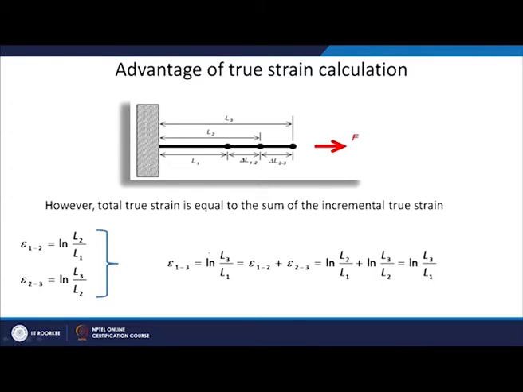We are going directly from L1 to L3 in one step, versus from L1 to L2 and then L2 to L3 in increments. Now we have to see whether this is equal to this or not. So I am doing a summation here, epsilon 1 2 plus epsilon 2 3. Writing in logarithmic form, it is ln L2 by L1 plus ln L3 by L2.